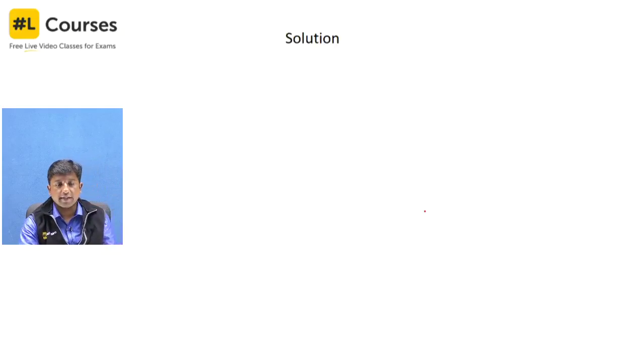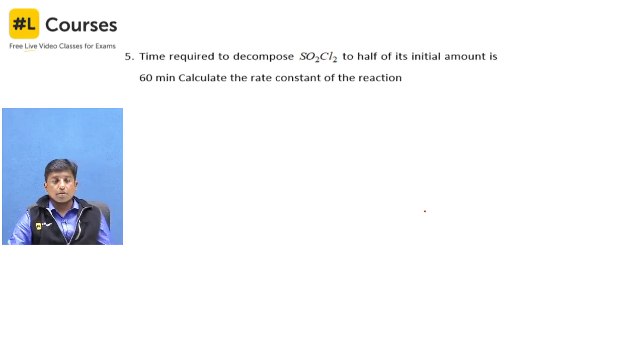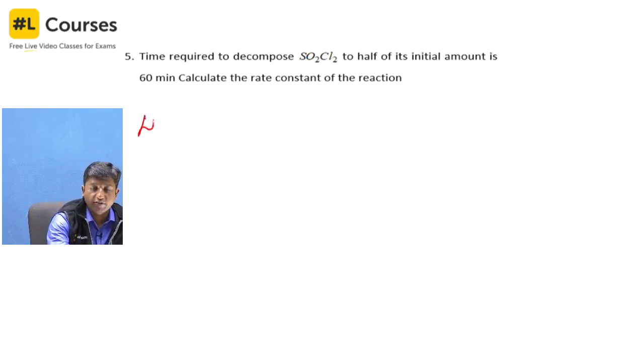So, students, next question. The time required to decompose SO2Cl2 to half of its initial amount is 60 minutes. Calculate the rate constant of the reaction. Students, this problem is based on half-life time.